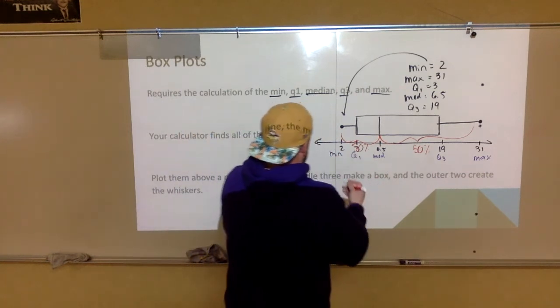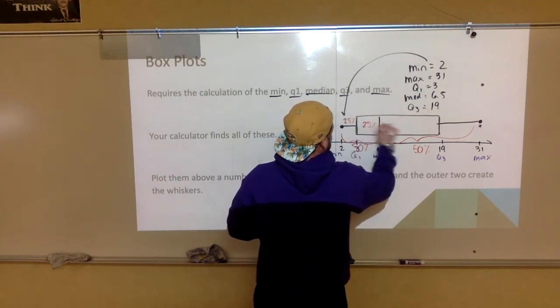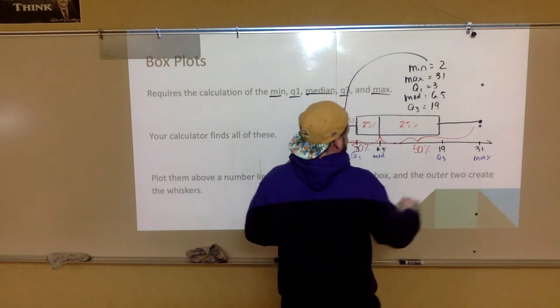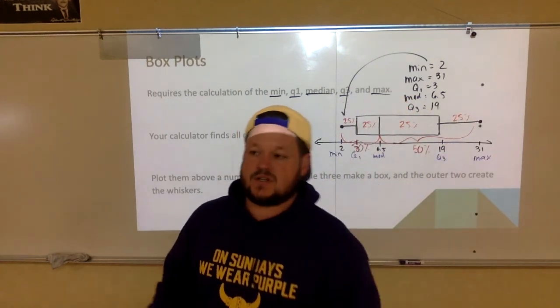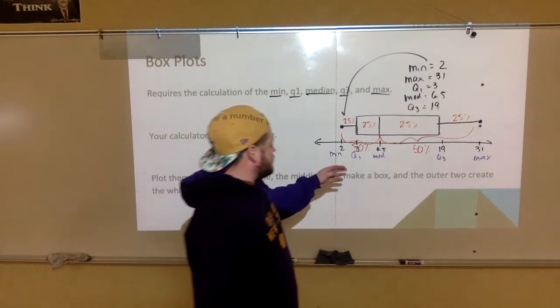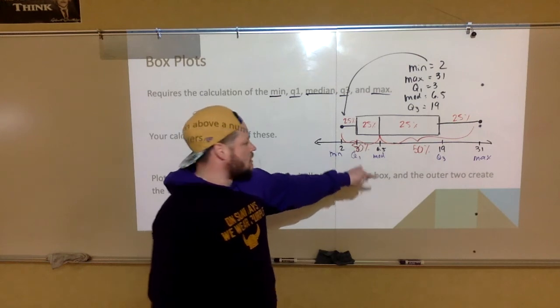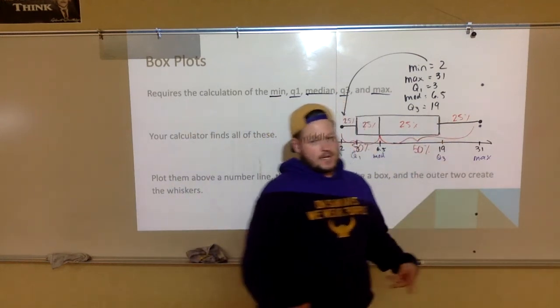And so what that's going to do is split these individual parts into 25% each. Very important to know those because that will show up on your assessments, I promise you that. Okay, so basically Q1 is the median of the lower half of the data. Q3 is the median of the upper half of the data.